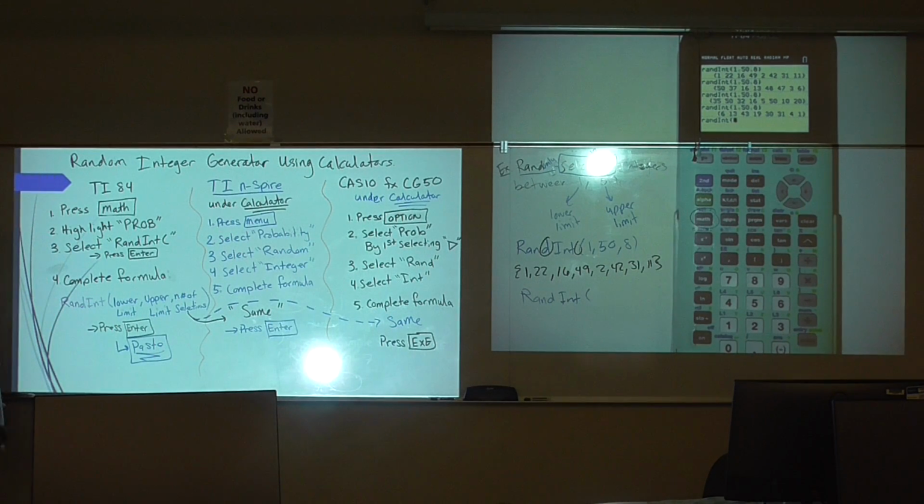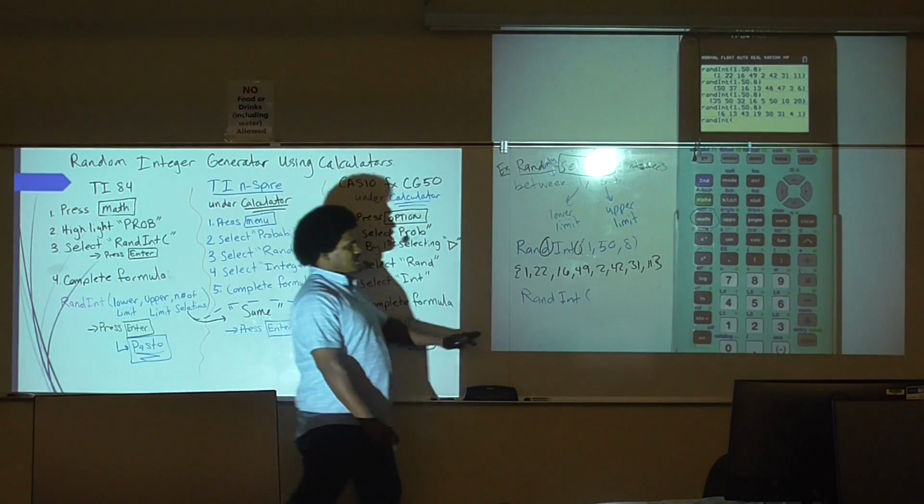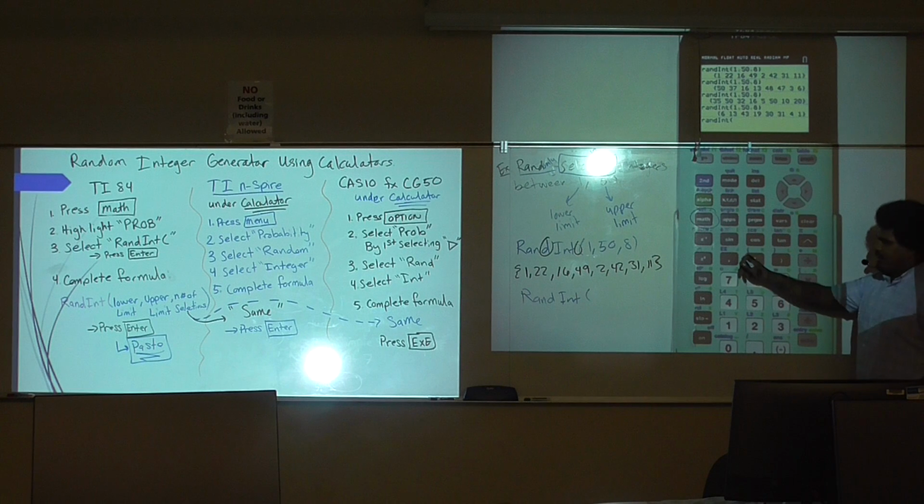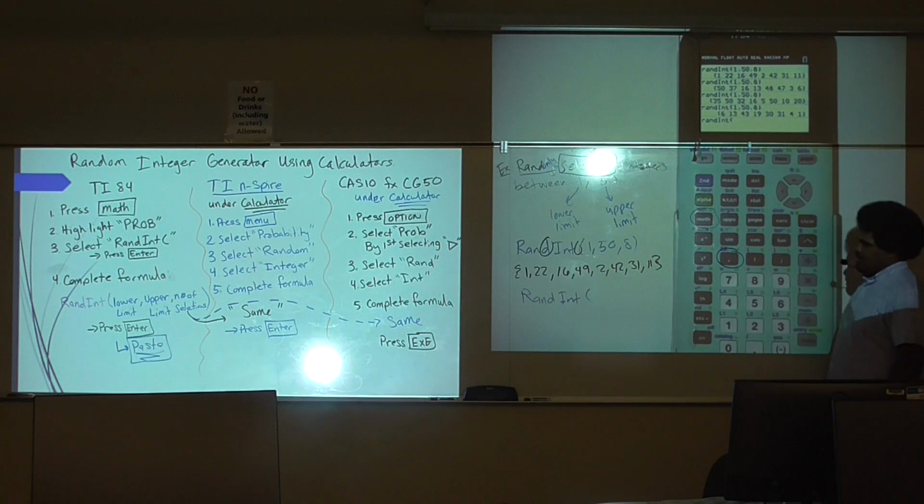Here is where you put in the rest of the work: you input the numbers and also use the comma, which is right here, along with the parentheses. We can end up with the same result from there. Once again, it depends on which type of scientific calculator you have.